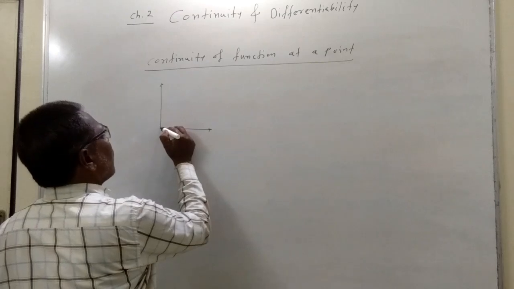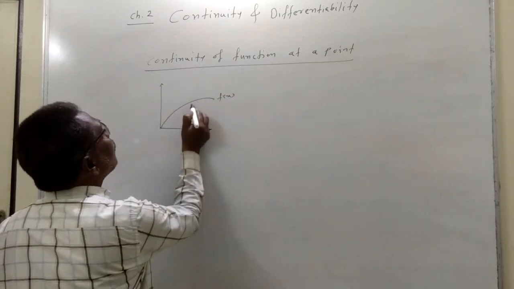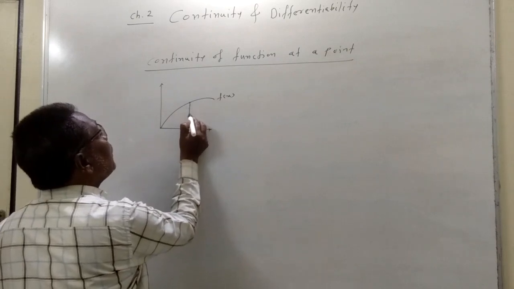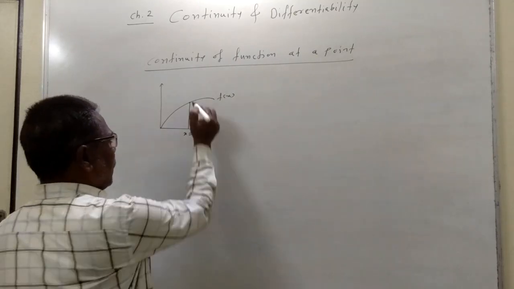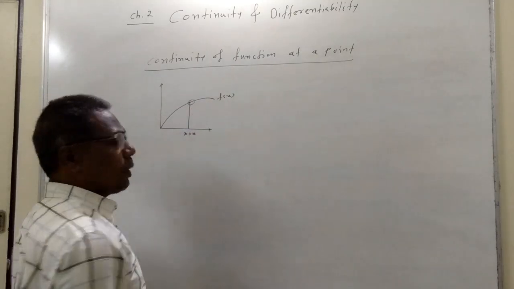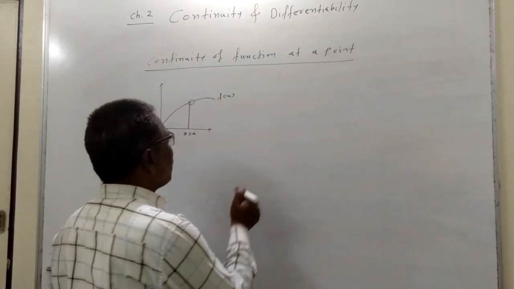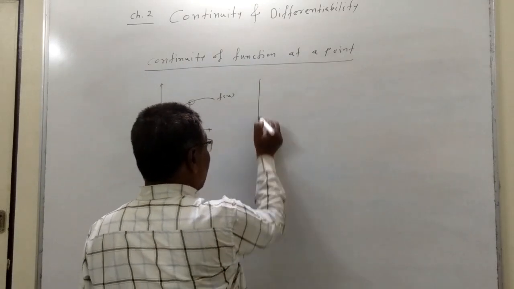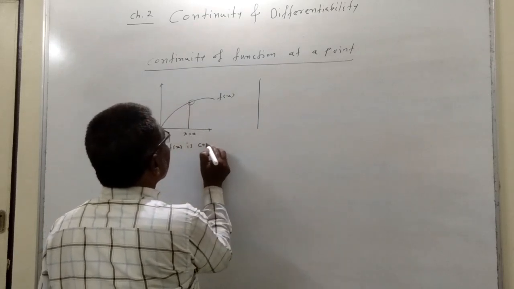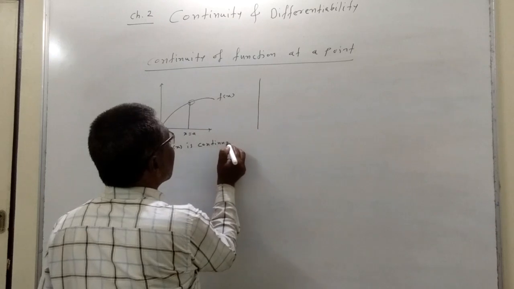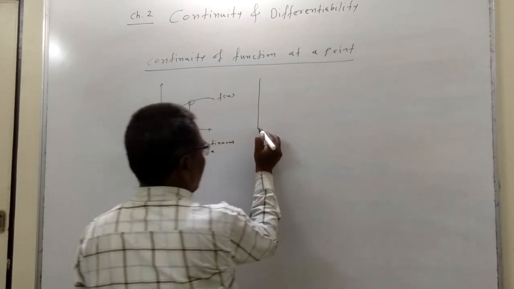So if we draw the graph of the function, suppose f of x, and the graph is continuous at any point x is equal to a, with no gap, we say the function f of x is continuous at x is equal to a.